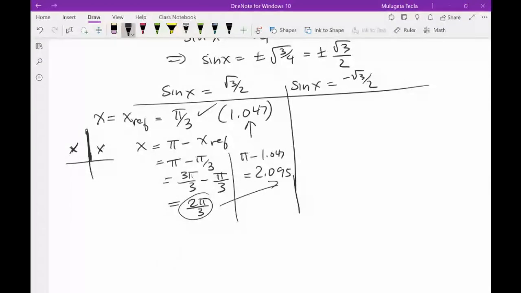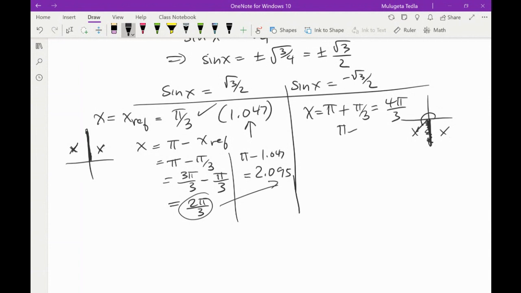On the second one, we look for which quadrants this is satisfied. The sine is negative when y is negative. Sine always follows y. So we have one on the third quadrant, one on the fourth. The third quadrant angle is pi plus your reference angle, which is pi by 3, which is equal to 4 pi by 3. That's an answer.